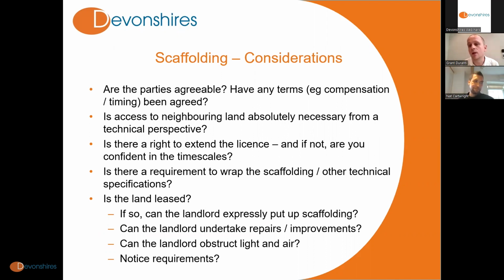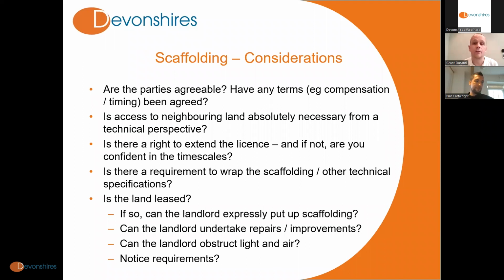And it's worth weighing up the cost of, for example, the compensation that your neighbour is asking for versus the cost of altering the technical methodology, if that's possible, even if your slightly more expensive way of constructing scaffolding might still be overall more beneficial or cheaper than paying the compensation.